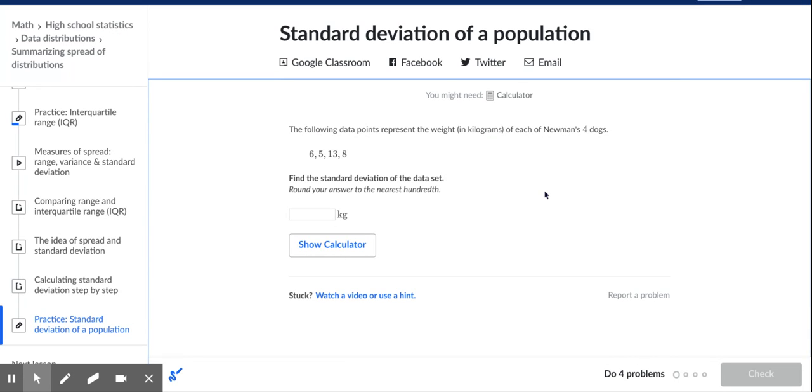So we want to know the average weight of all huskies, and then we tested, say, 100 huskies. Then we would have to use the standard deviation for a sample because we didn't weigh all huskies. That would be impossible. We weighed 100 of them. We don't have all of the data, so we use the sample formula instead of the population formula.